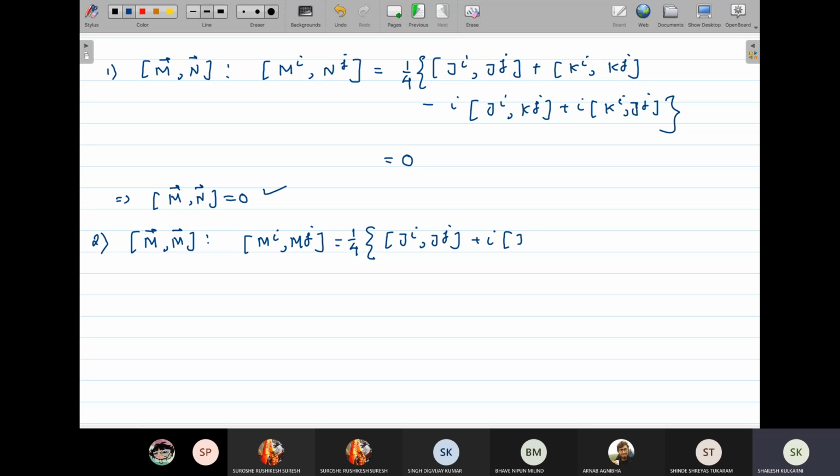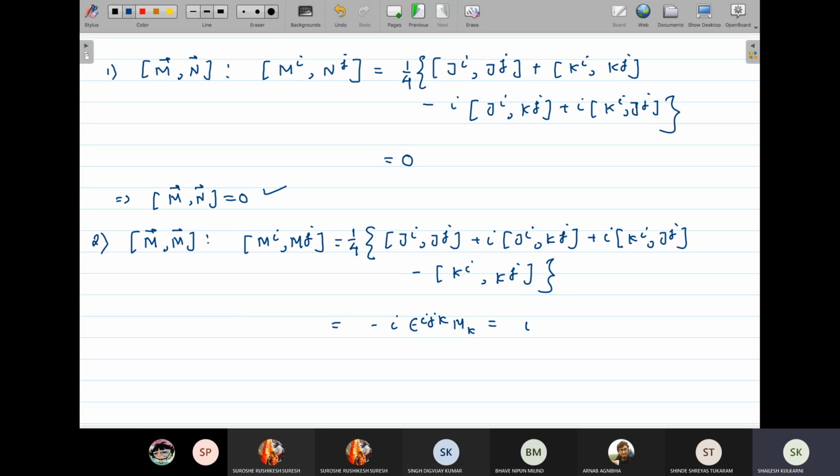plus I times Ji Kj plus I times Ki Jj, minus Ki Kj. And if you substitute the commutation relations for this, you will get minus I epsilon ijk Mk.